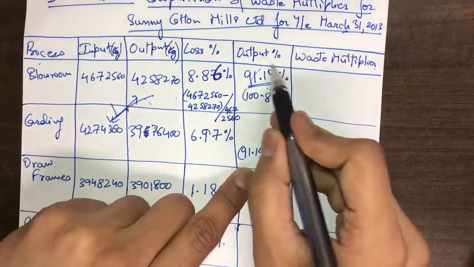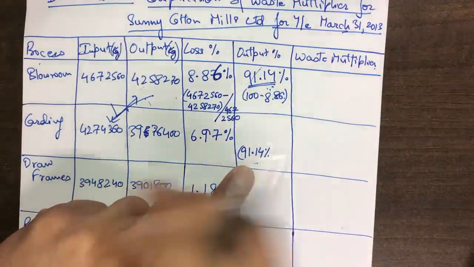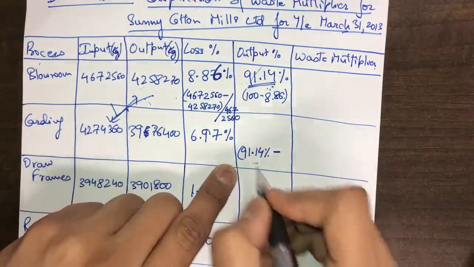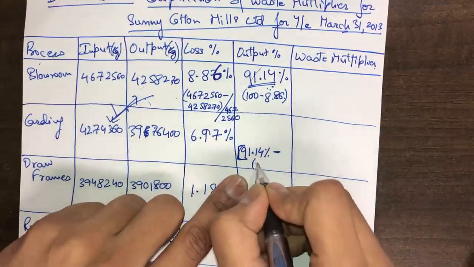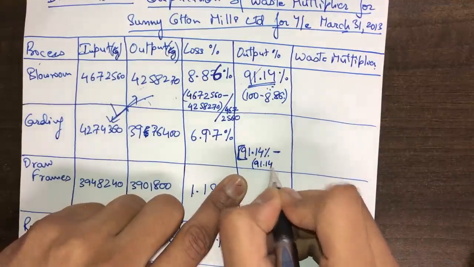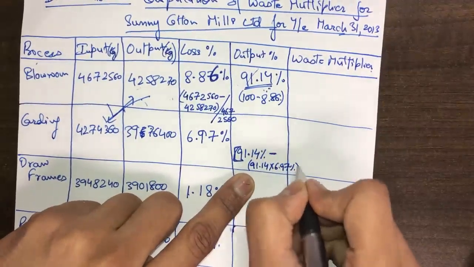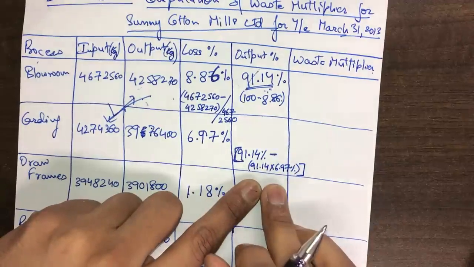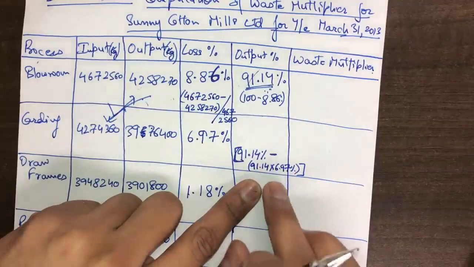Hence, I will use the output of the first process as the input of the second process. And then, see this calculation carefully, I'm going to subtract the input multiplied by the loss percentage from the input. Are you getting what I'm doing?